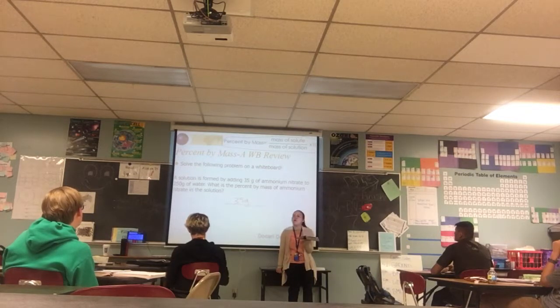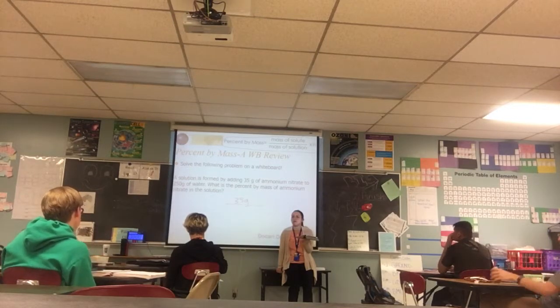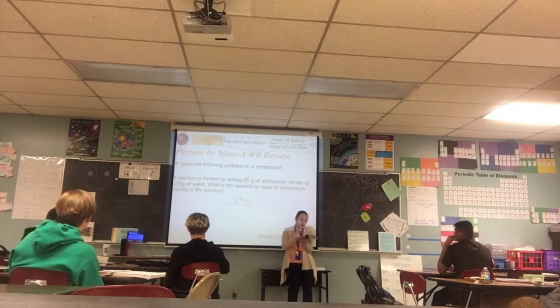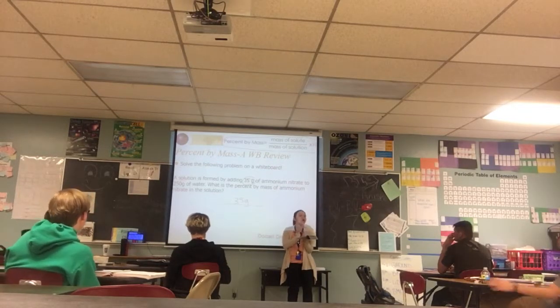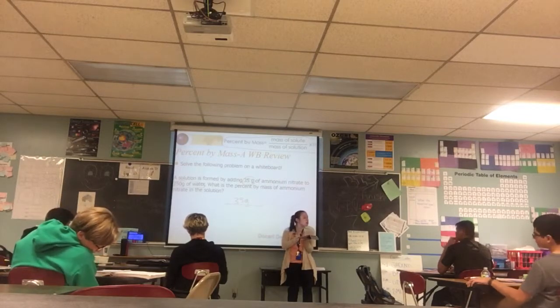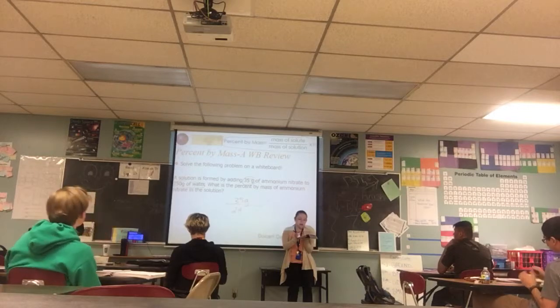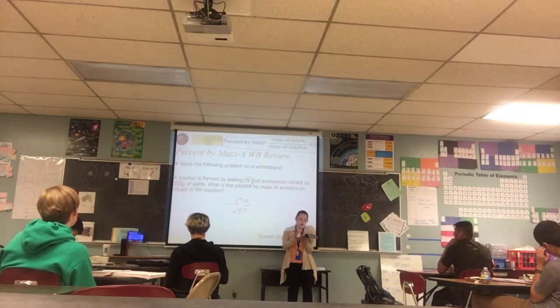How do I figure out the mass of my solution, Elijah? I add them together. So if I take 35 and I add that to 250, what number needs to go on bottom, Alexa? 285, exactly, times 100, which will give me the correct answer.